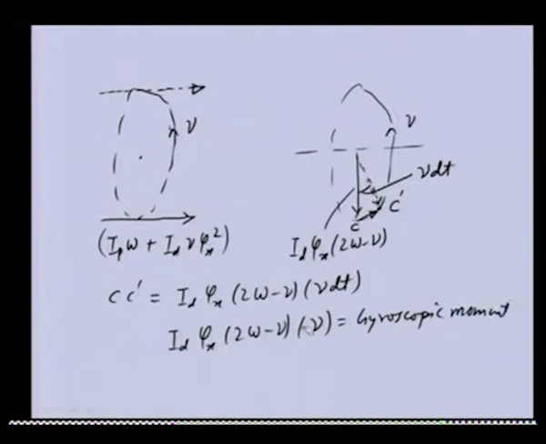This gyroscopic moment will be acting on the disc, and the direction of this gyroscopic moment we can get from this figure, that will be along the direction of CC prime. That means in this particular case it will be into the screen, inside the screen. So if we see on the screen, it will be acting in the clockwise direction, according to the right hand rule, C to C prime.